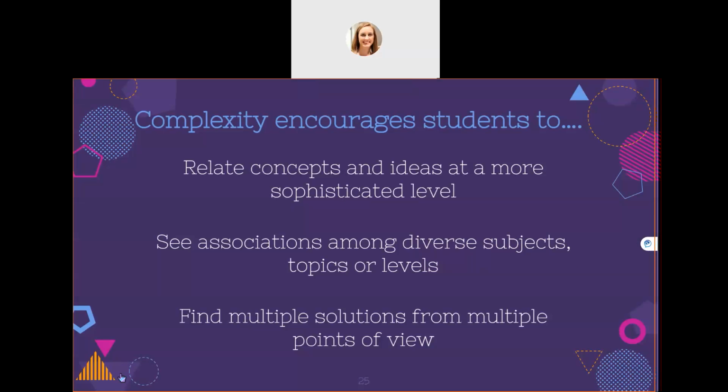Complexity encourages students to relate concepts and ideas at a more sophisticated level. It helps students to see associations among diverse subjects, topics, or levels. And it also helps them to find multiple solutions from multiple points of view.